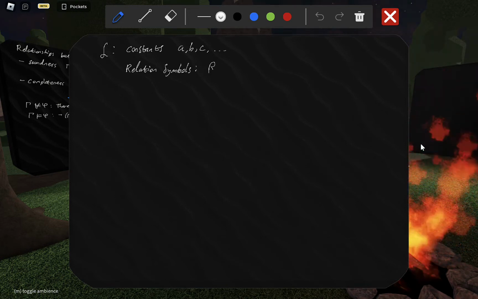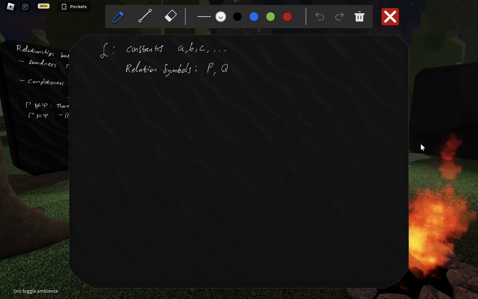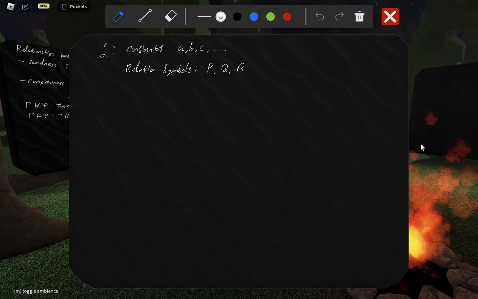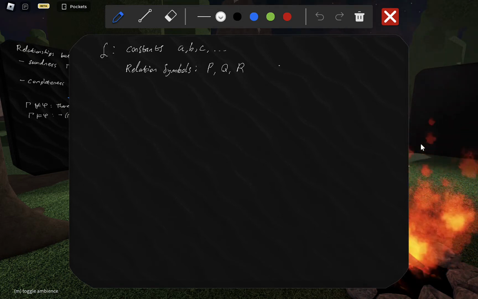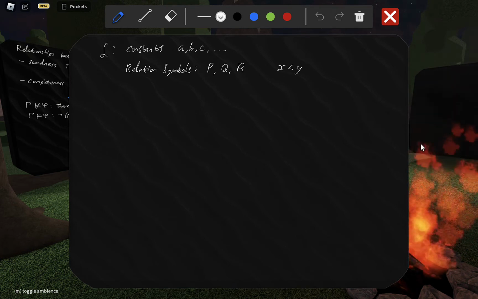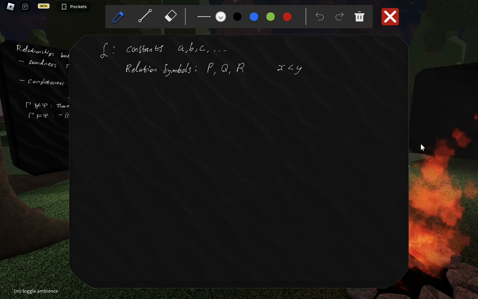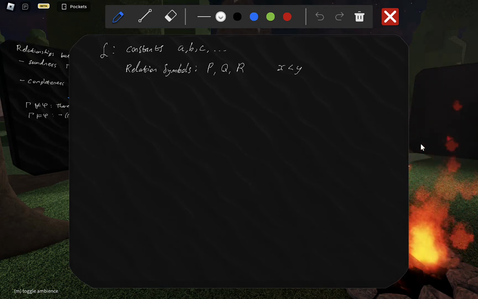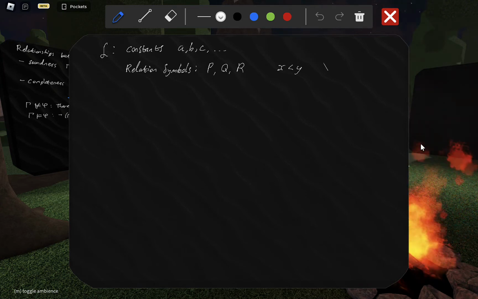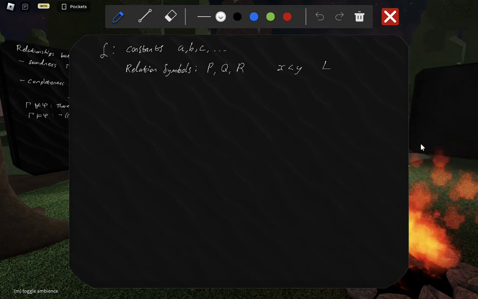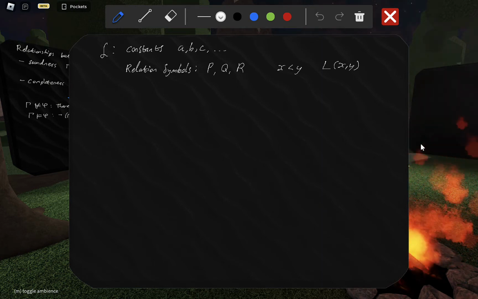So P, Q, R, they're usually with capitals. What's an example of a relation symbol? You might have like x is less than y, for example. That's a two-place relation symbol that I've written with infix notation, but you could think of it as like L x y, just written differently.